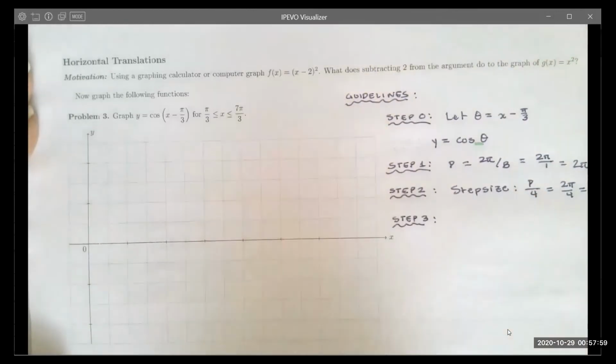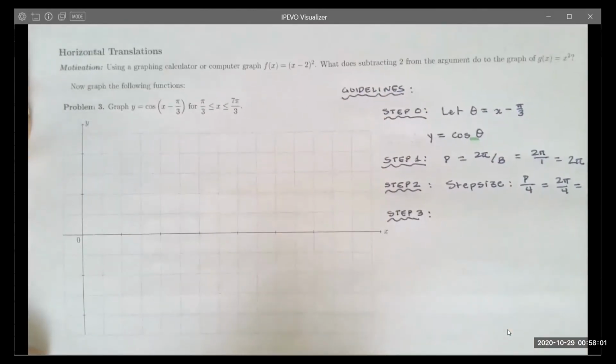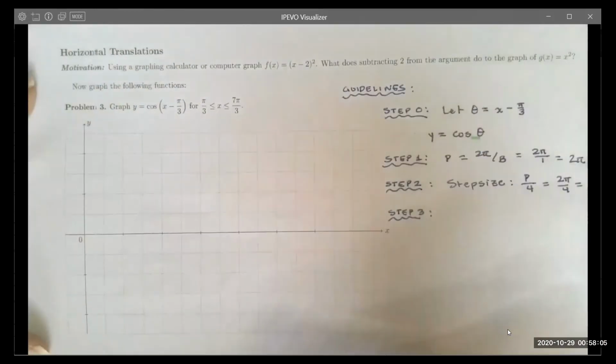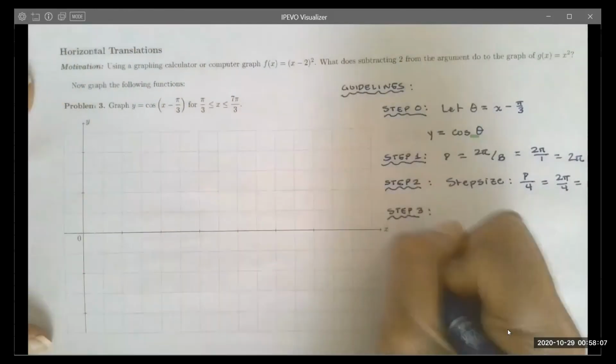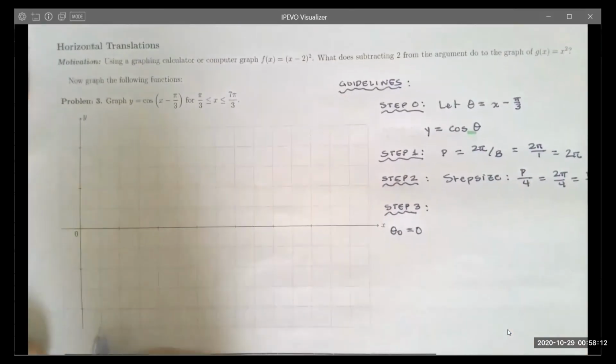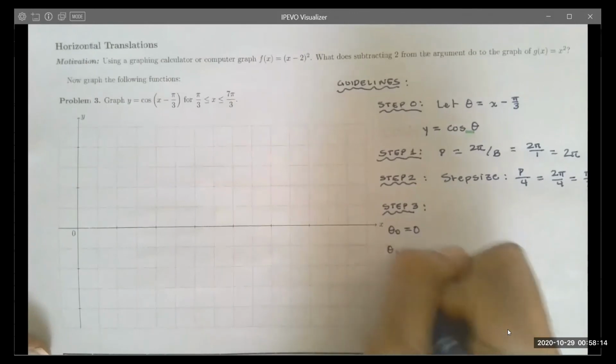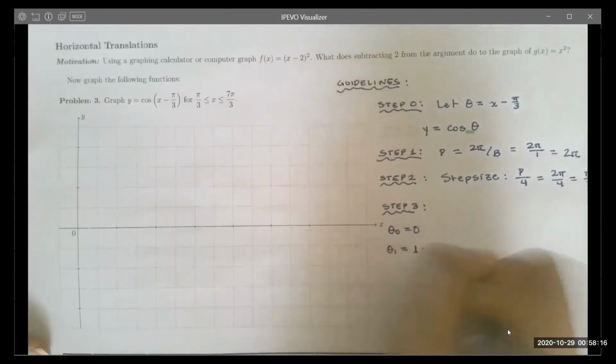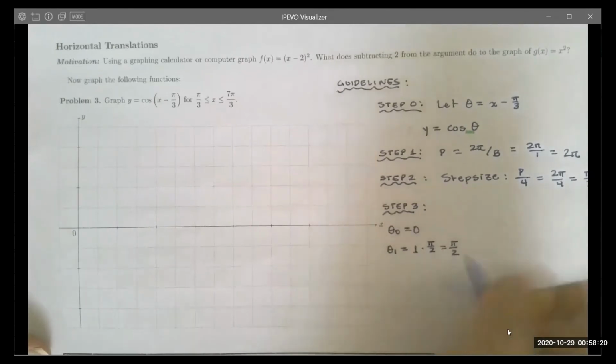And then for step 3, we look at what the important theta values would be if we were actually graphing y equals cosine theta. Well, the first one would always be 0. Theta 0 is 0. Then theta 1 is 1 times the step size of pi over 2, so we get pi over 2.